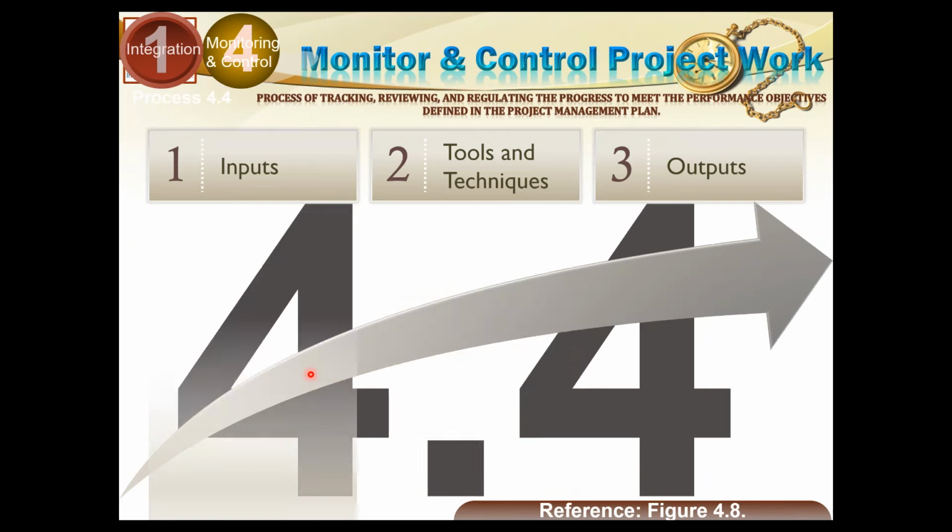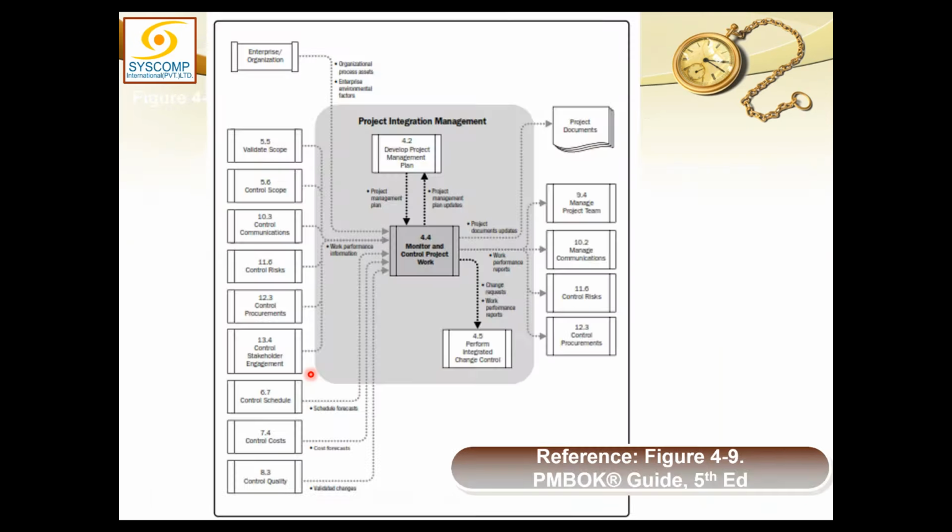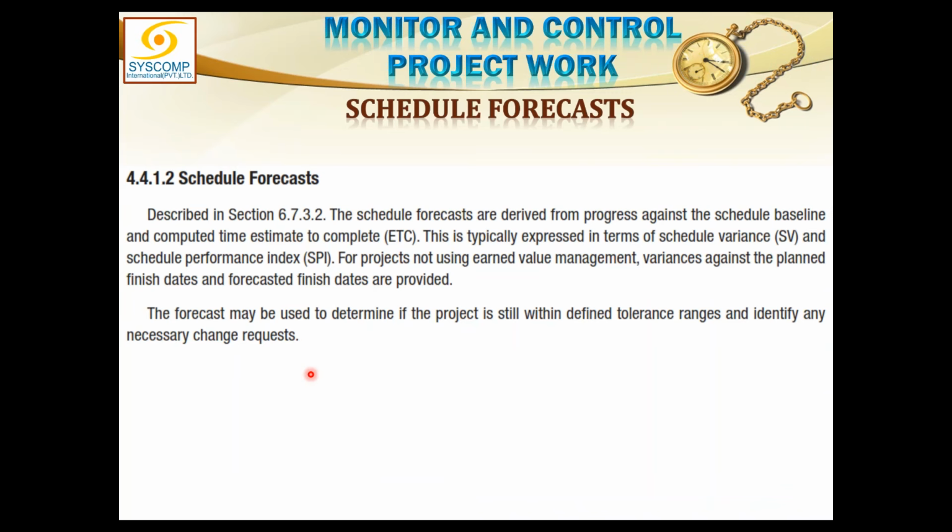In monitoring and control, we have various inputs coming from all of the controls, because monitor and control is the chief analyst and it receives the analysis results of all the controls, and all the controls are from various different knowledge areas: scope, time, requirement, cost, quality, whatever.